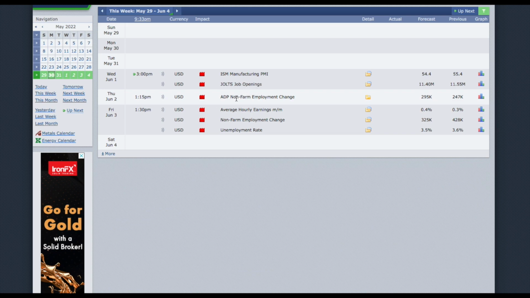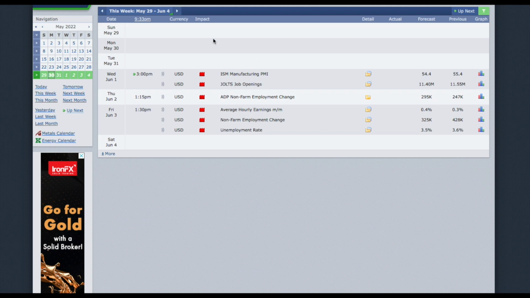Thursday is the ADP non-farm payroll employment change, and Friday is the day where we need to exercise caution because of the non-farm payroll. But between now and Wednesday 3 p.m. GMT, we can just ride the wave and see what it does and how it does it, because there's nothing really big coming out that could interrupt the overall flow in terms of what we are expecting.